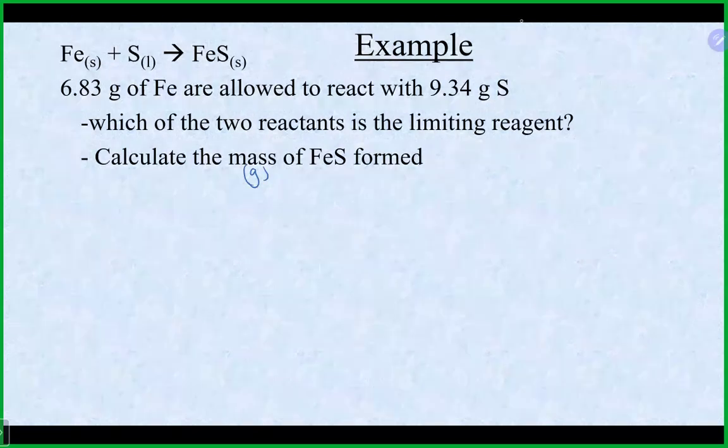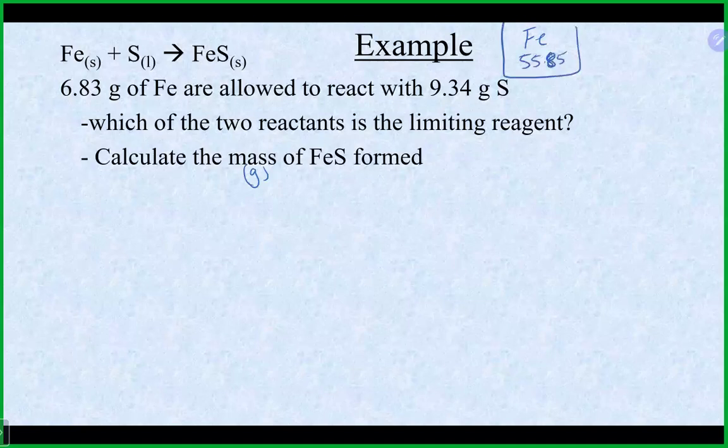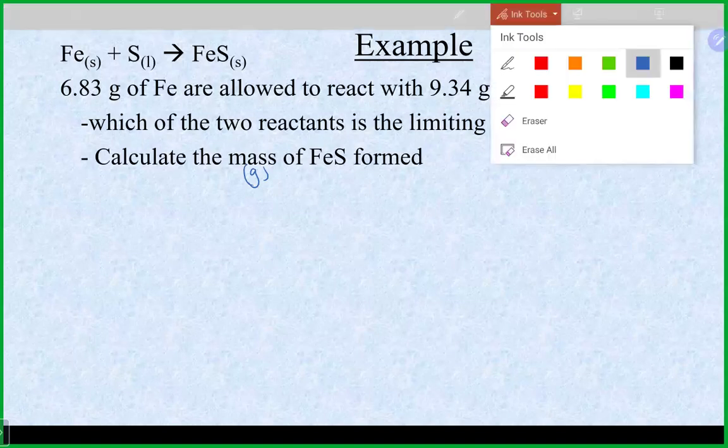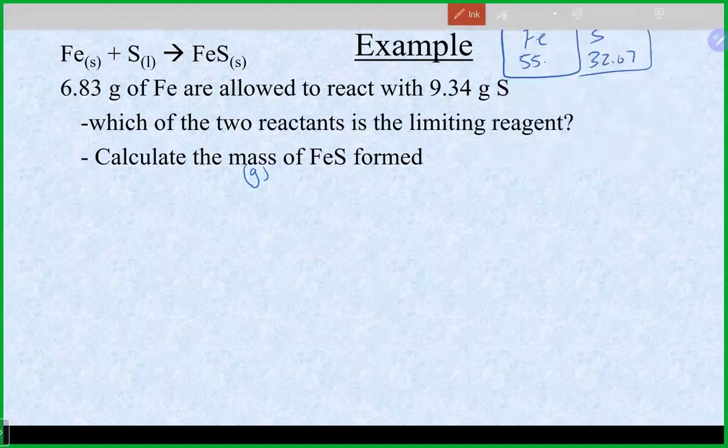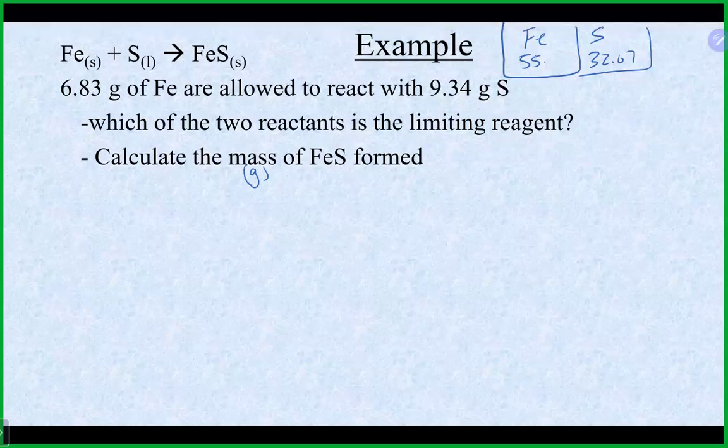Iron is 55.85, and sulfur 32.07. And why don't you also calculate how many grams of your excess reagent are left over?